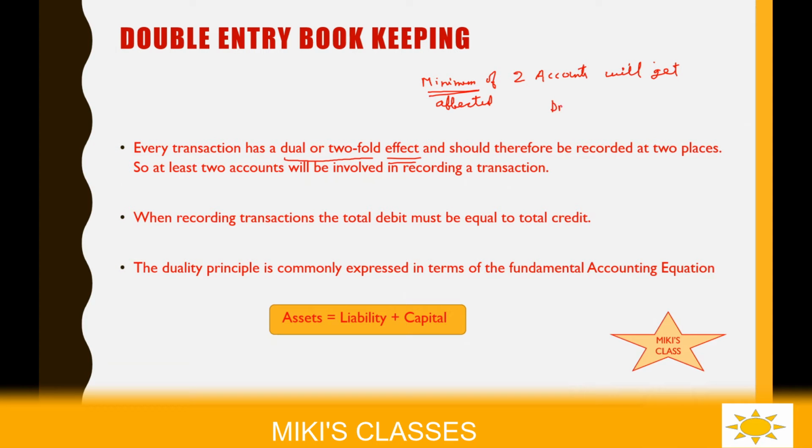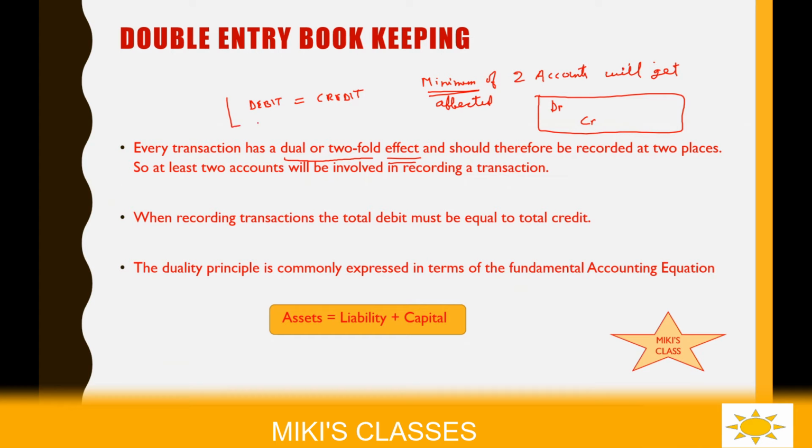One account will be debited, the other one will be credited. And also the amount of debit has to be equal to the amount of credit for every transaction. For every single accounting transaction, the amount of debit has to be equal to the amount of credit.